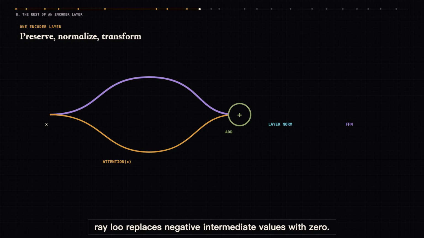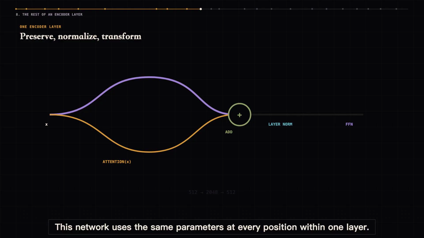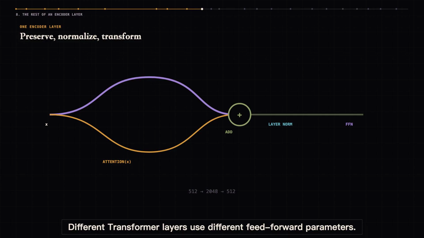ReLU replaces negative intermediate values with 0. The second linear transformation returns the vector to 512 values. This network uses the same parameters at every position within one layer. It processes each position separately. Different transformer layers use different feed-forward parameters.